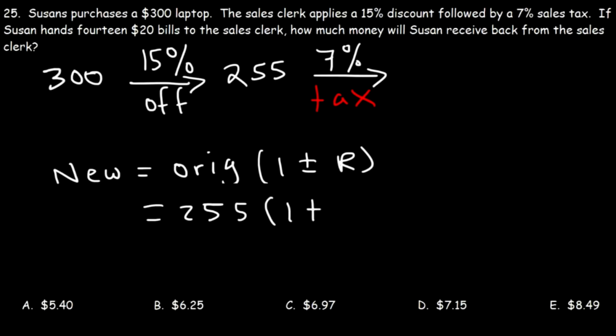And because the tax is going to increase the total price, it's going to be 1 plus r as opposed to 1 minus r. So we need to find the value of 107% of 255. So 255 times 1.07, and that's going to be $272.85.